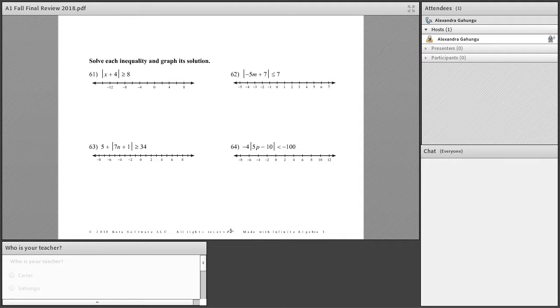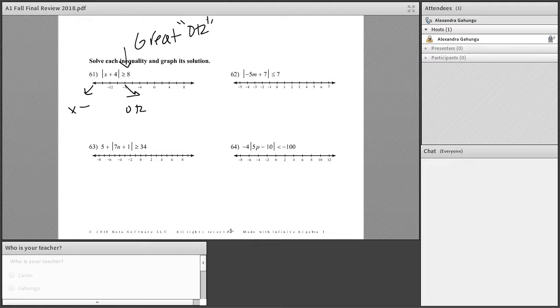Okay, absolute value inequality. That means we're going to have two inequalities in this symbol. We've got a greater than, so it's greater. So we'll have an or in between our inequalities.